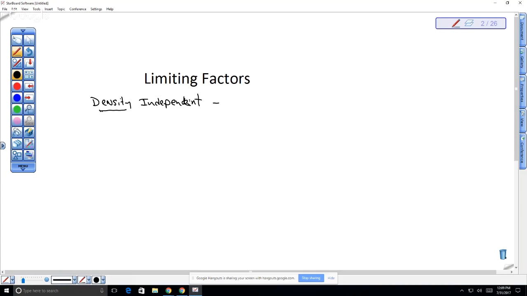So these are factors that are not related to the size of the population. Okay. So these factors are often associated with weather.